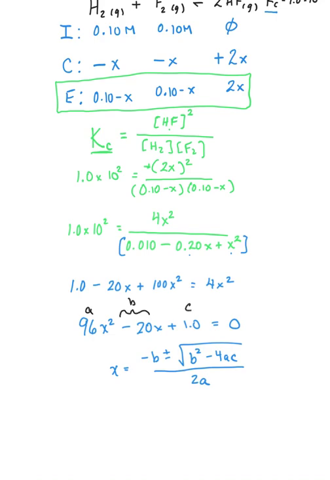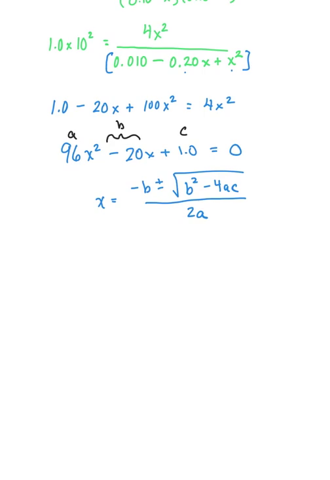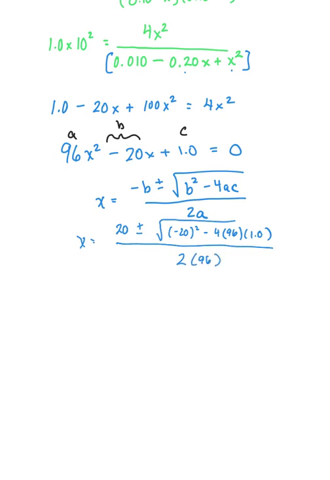We'll plug into our quadratic equation. x is equal to positive 20 plus or minus the square root of negative 20 squared minus 4 times 96 times 1.0, all divided by 2 times 96.